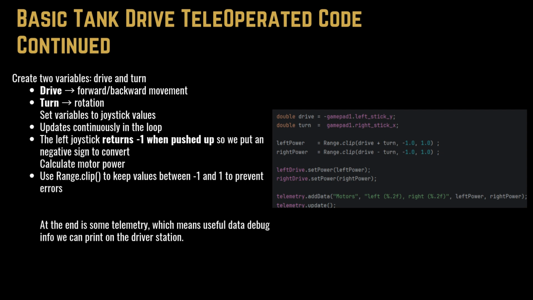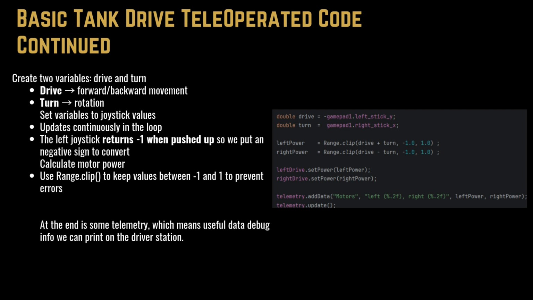So next, since we now have the drive and turn variables, we will set the power to drive plus turn for the left motor, because if we move the right joystick to the right, it will return a positive value of 1. And if we make the left motor go forward with that positive value, it will move to the right, and that's why we subtract on the right motor, so then the robot will turn.